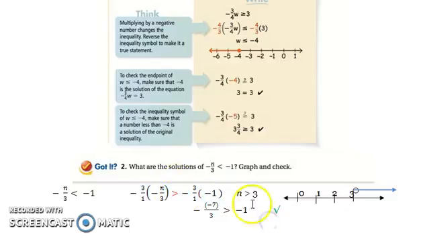Okay, and we can check that. We don't have to check equal to, just any number greater than 3. So my check is wrong because I had the problem wrong.